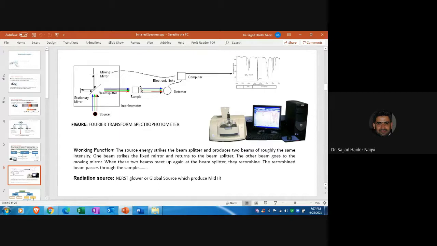After the sample, you can see a few of the amount of light is absorbed, as we all know. The rest is transmitted, strikes the detector, and then the detector transforms that with the help of the software on the computer, and then you get this particular spectrum. So this is one type of IR spectroscopy, which is called Fourier transform spectrophotometer.